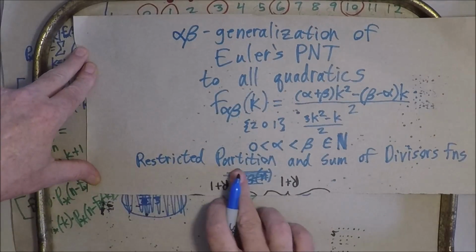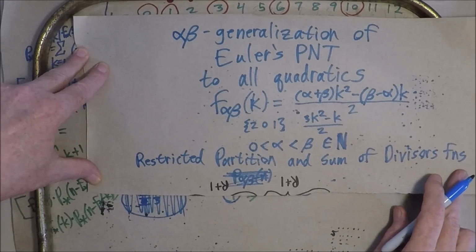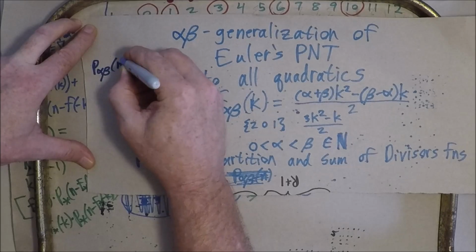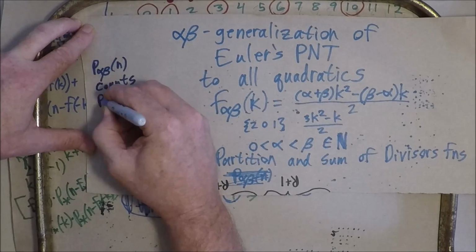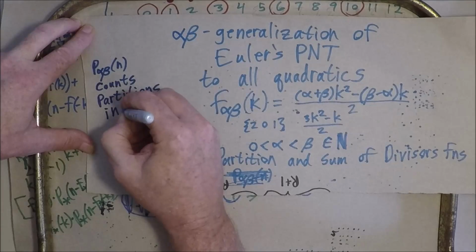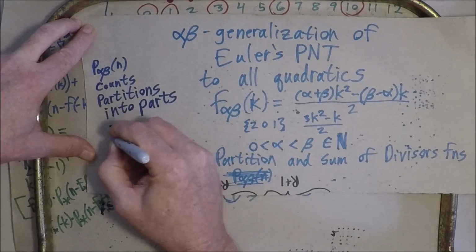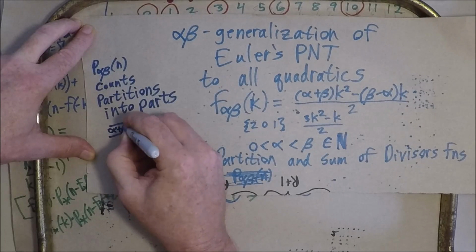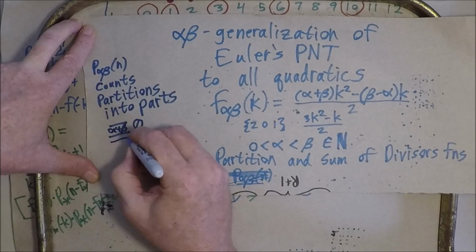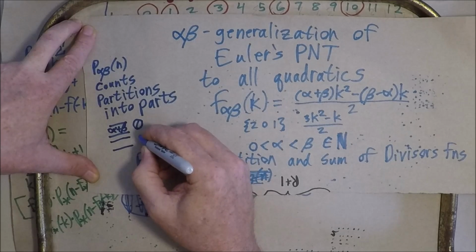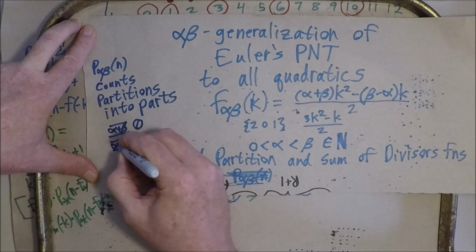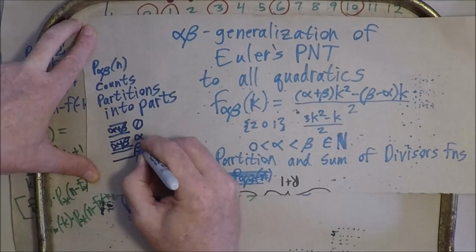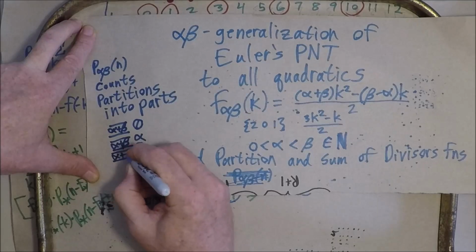These restricted partition and sum of divisors functions are p alpha beta n counts partitions into parts equivalent to 0 mod alpha plus beta, or equivalent to alpha plus beta, or equivalent to beta mod alpha plus beta.